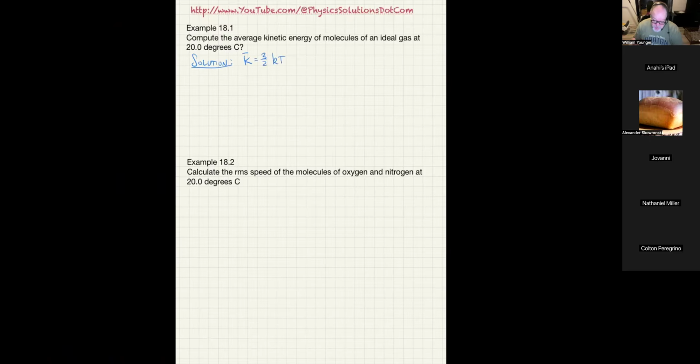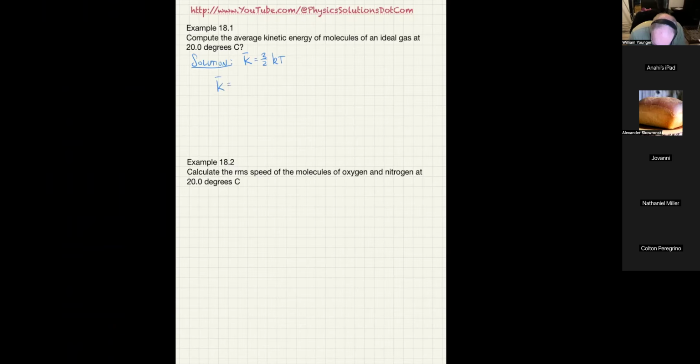Now, in this case, I'm not trying to find the velocities or anything. I'm actually trying to just figure out the kinetic energy. So I don't need to interpret the average kinetic energy as 1/2 mv squared bar. In this case, I'm just trying to figure out what K is.